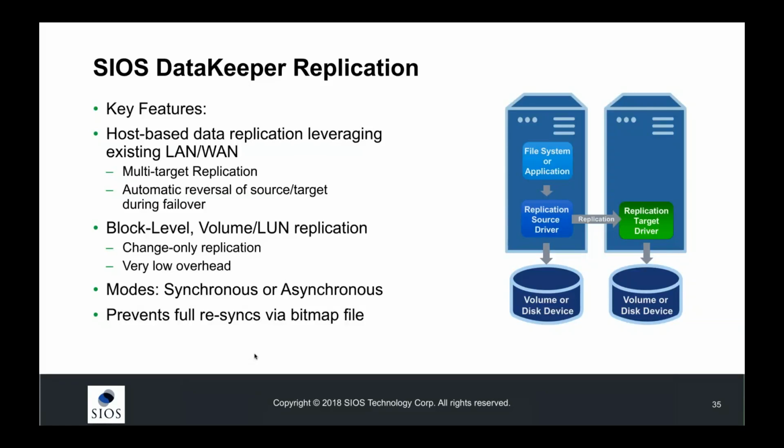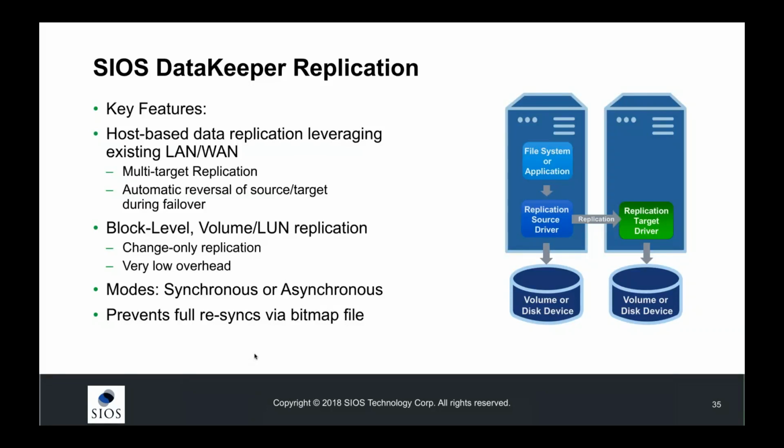But it's at the block level again, as I mentioned. This volume-wide replication is a change-only replication. So even if you're doing maintenance on a SQL node, you need to reboot because of an OS patch, you need to reboot or restart services or what have you, that takes away the synchronized copy.